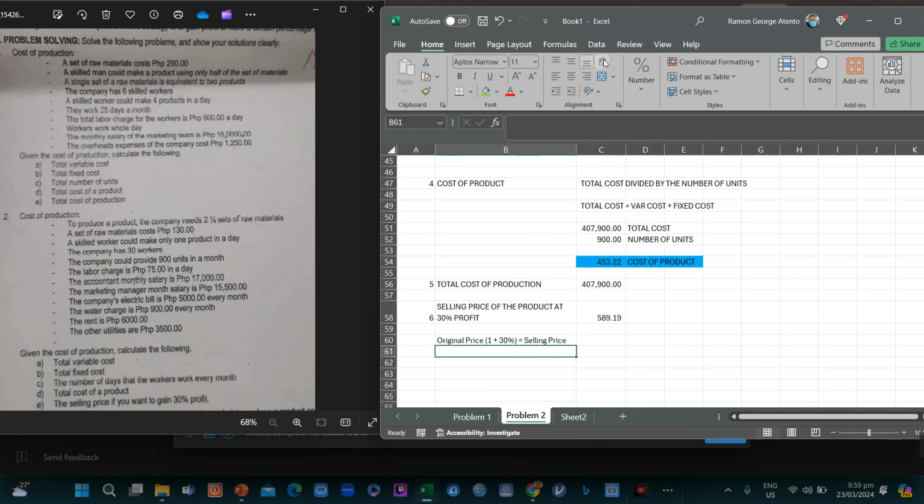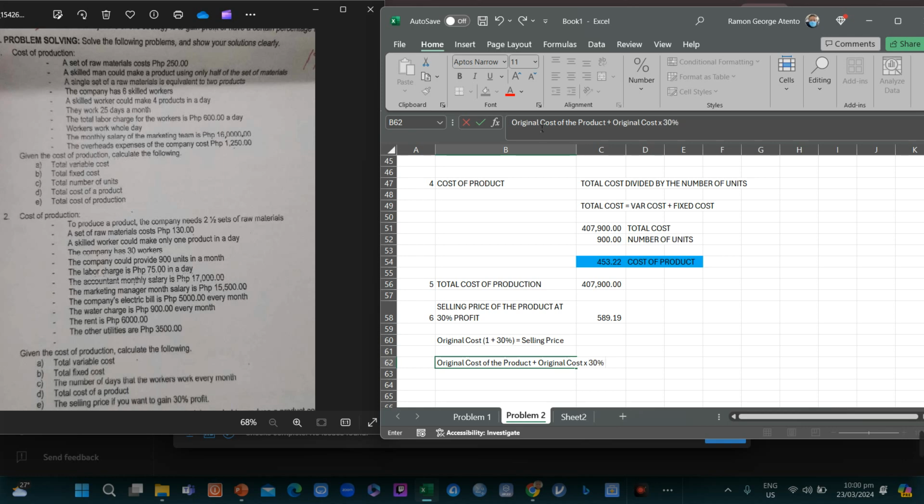Or you can say this is actually the markup, the 30%. The original cost, sorry, not the original price, the cost of the product, or the original investment of the product. So why is it 1 plus 30%? It's like the original cost of the product plus the original cost multiplied by 0.30, or actually 30%.